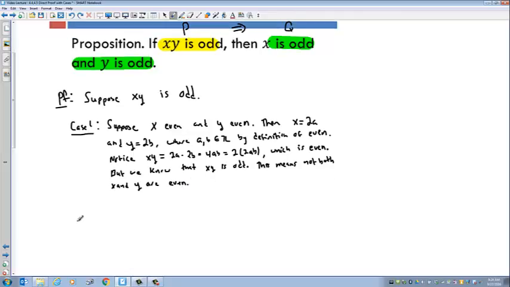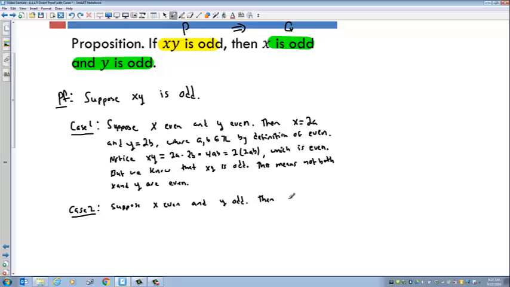We know now that both x and y are not even, so let's do another case. We'll call it, of course, case 2. And so here now we'll suppose x is even, and how about y? y is not even, but y will be odd. Then we do the whole thing sort of again.